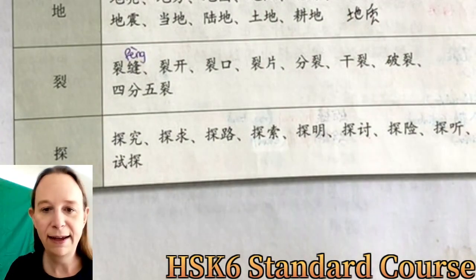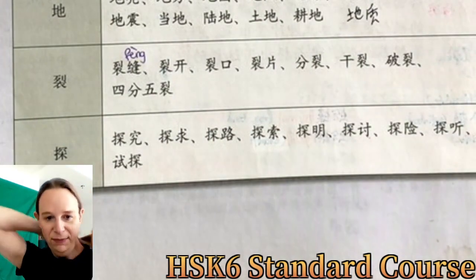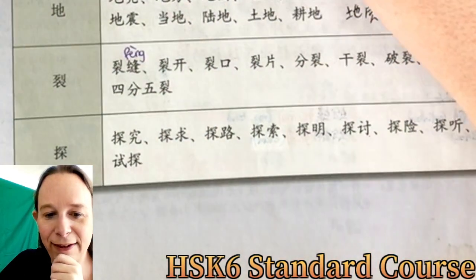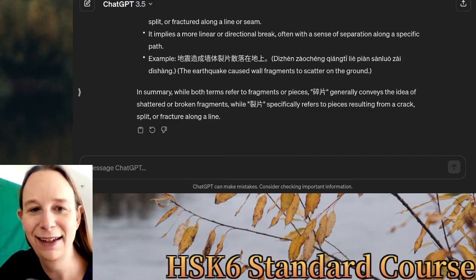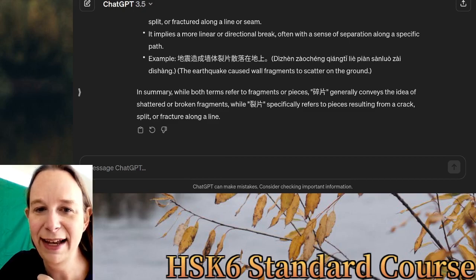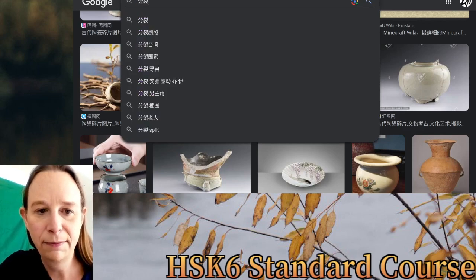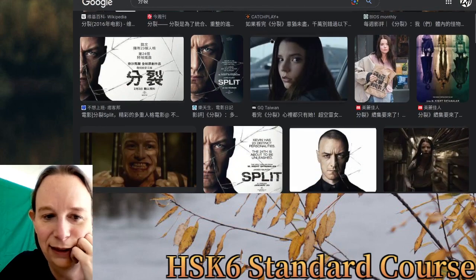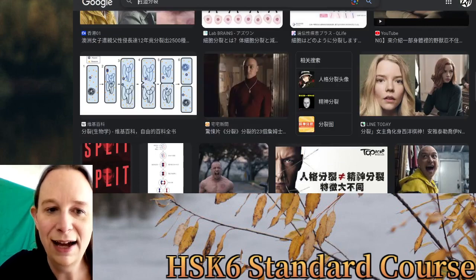Okay, next. 分裂. 分 break apart, right? 裂 split. 分裂. Maybe it's like too physical though. I don't think this is 分离 or 分手, this kind of thing, like breaking up between boyfriend and girlfriend. 分裂. Let's go 大洲.